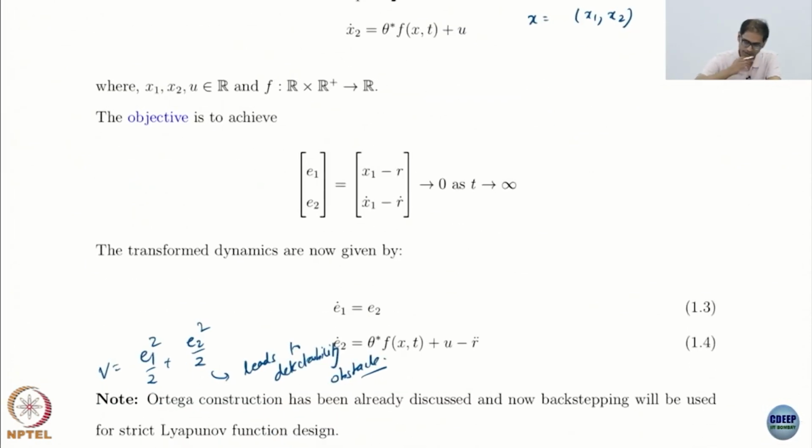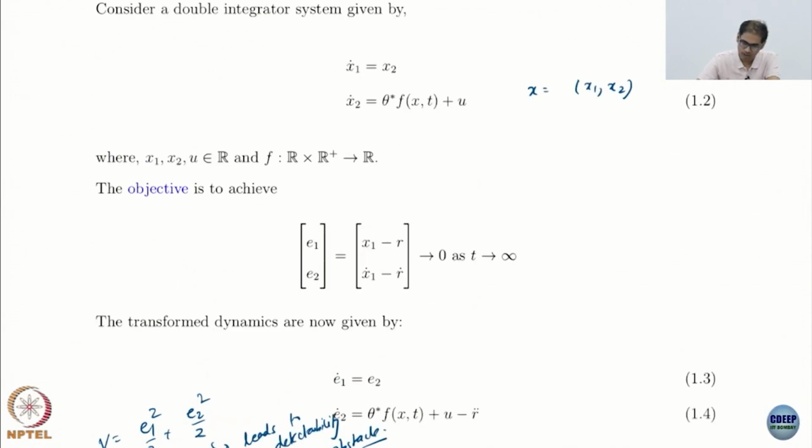So what is the dynamics for the errors now? This is what we have been doing for the tracking problem. We construct an error, we write the dynamics of the error. What is the error dynamics? e1 dot is e2, by virtue of the matching condition, and e2 dot is just x1 double dot, or x2 dot, minus r double dot.